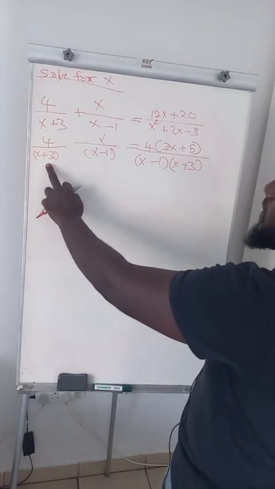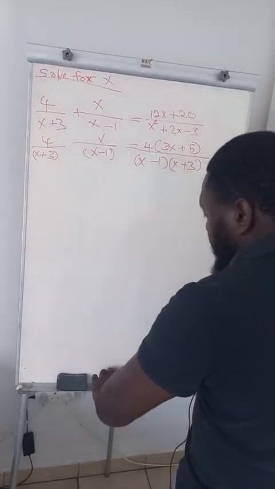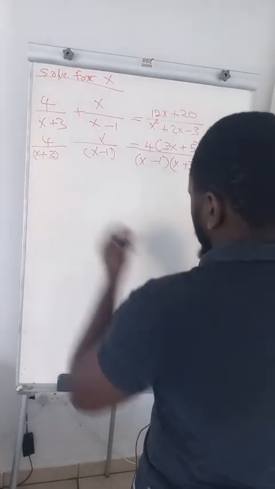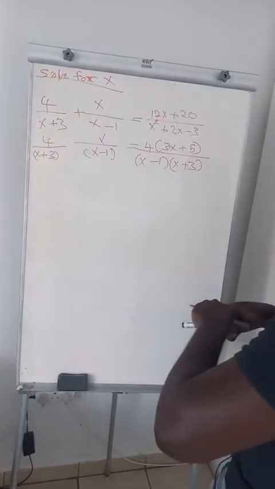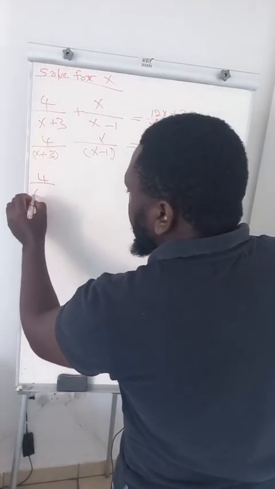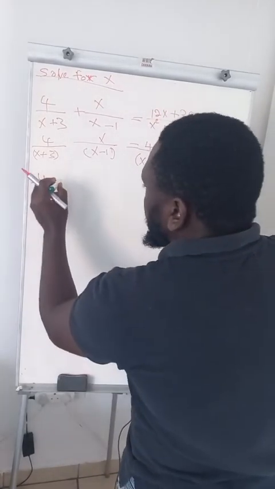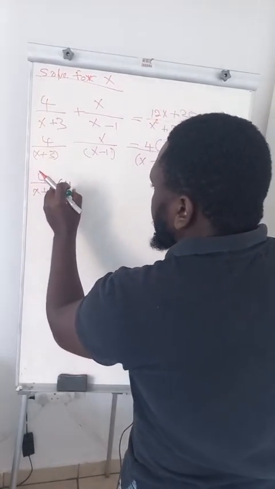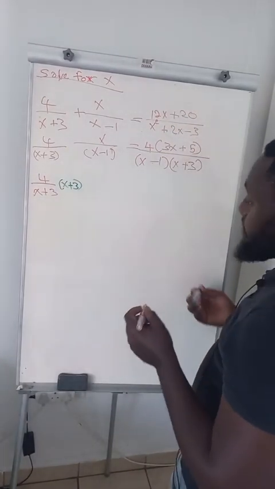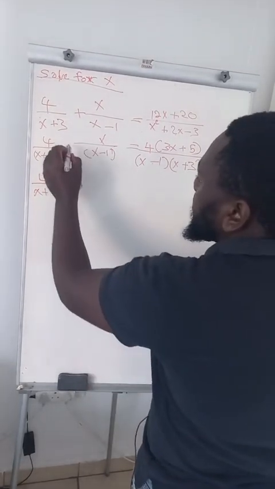Now, let's multiply the whole equation by what? By x plus 3. Let me write here: 4 divided by x plus 3. Now we are multiplying the whole equation by x plus 3 because we are trying to remove it from being a denominator. And then here it's a plus.